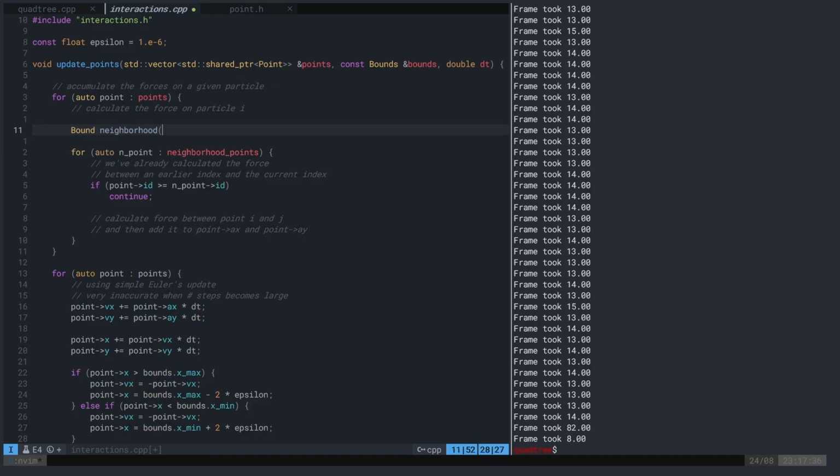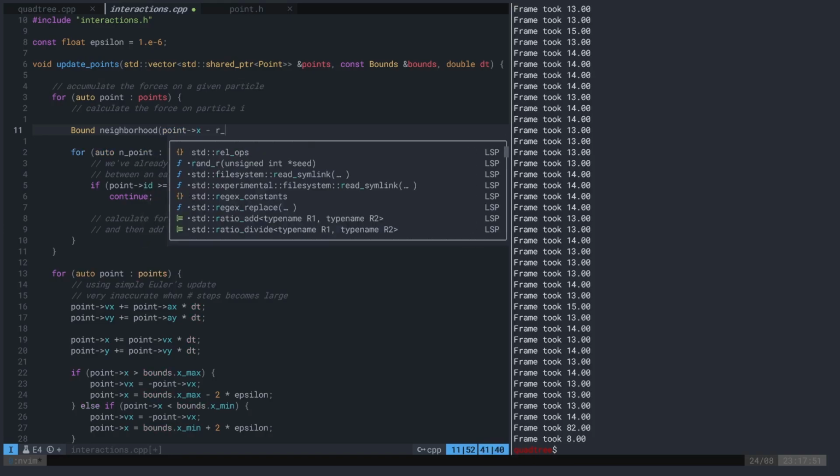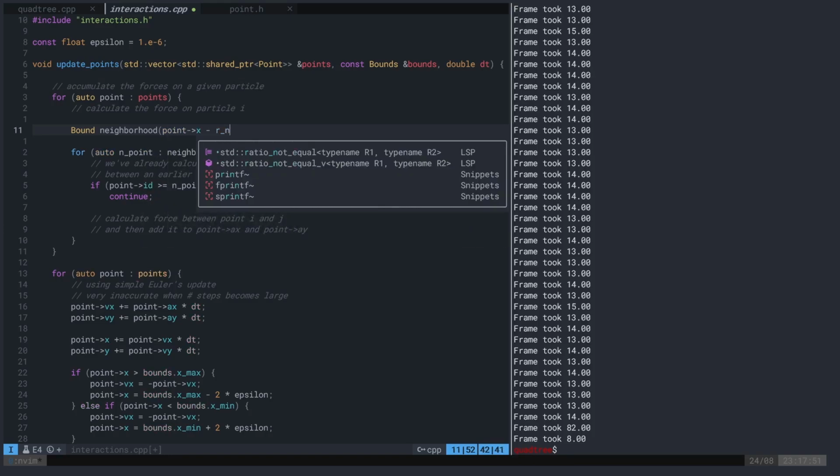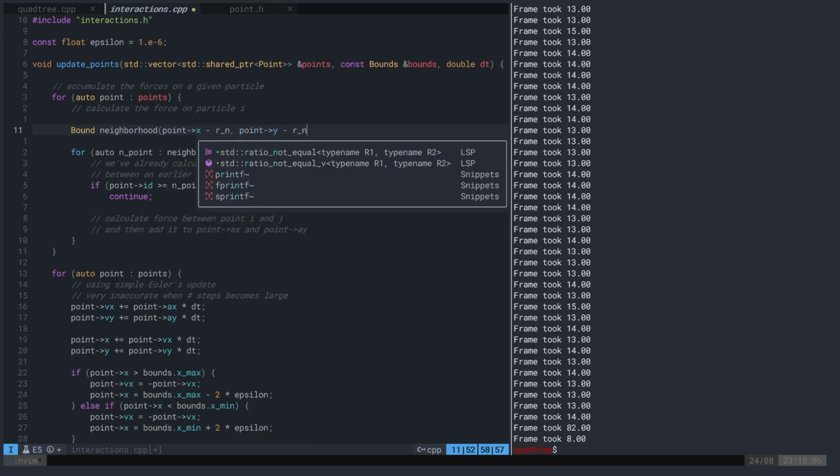This is going to be essentially some radius around the point of interest. So let's say this is point x minus some neighborhood radius, point y minus some neighborhood radius, and then twice this neighborhood radius.